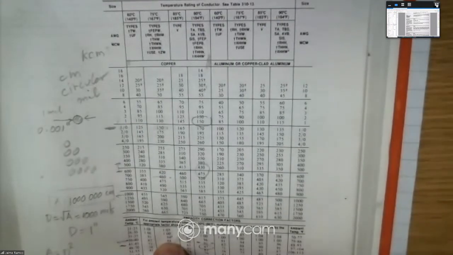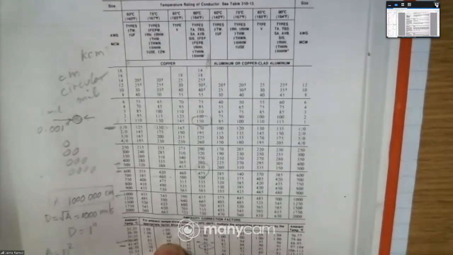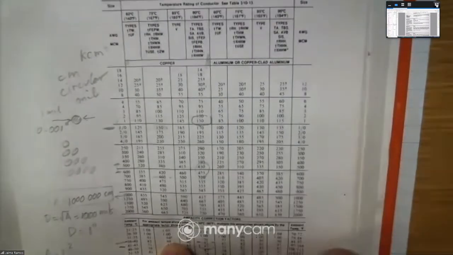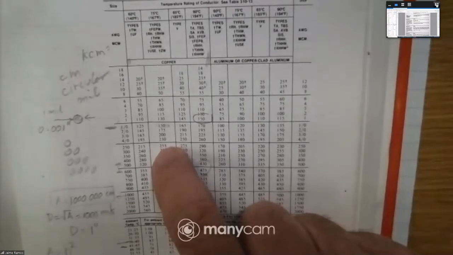So we have a correction factor of 0.88 here. Now, this problem is looking at conductors 250 kcm. So scroll up on the same column, go to 250. Here is the row for the conductor, 250. So then the ampacity is 255, and the temperature correction factor is 0.88.